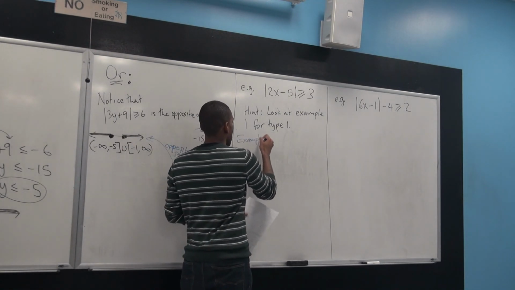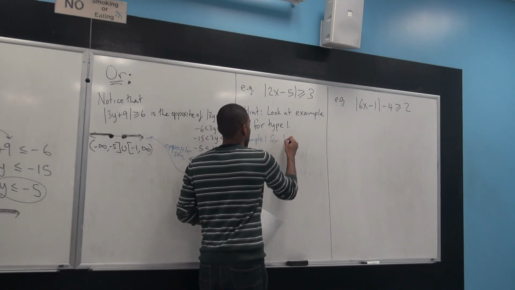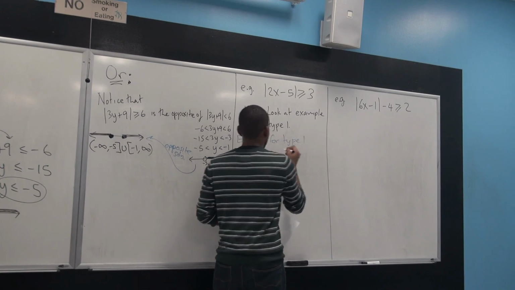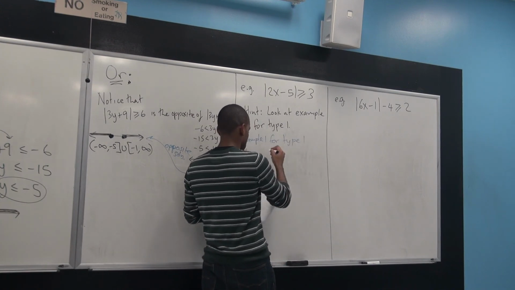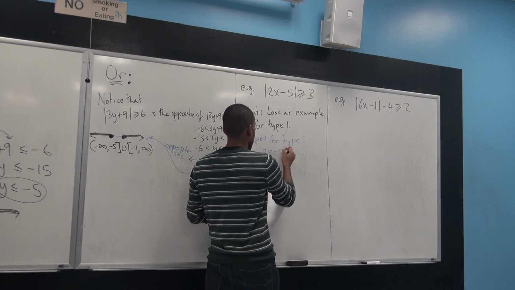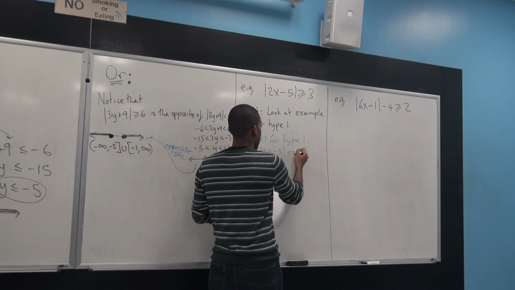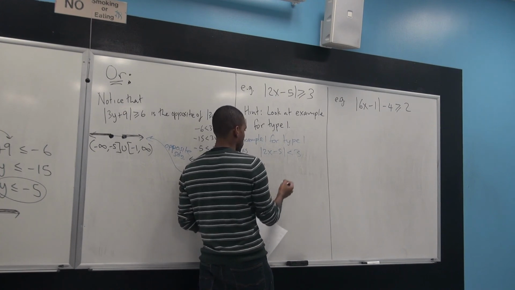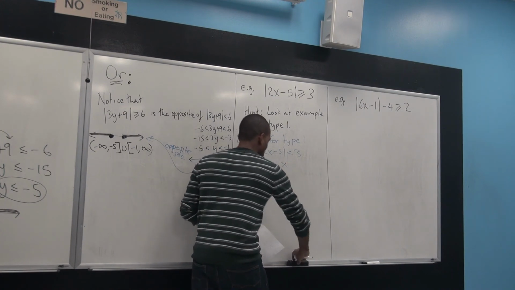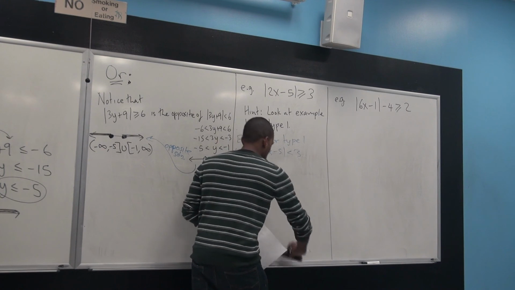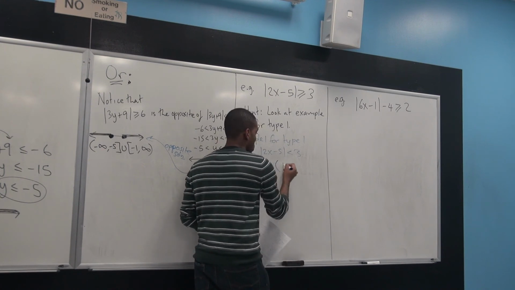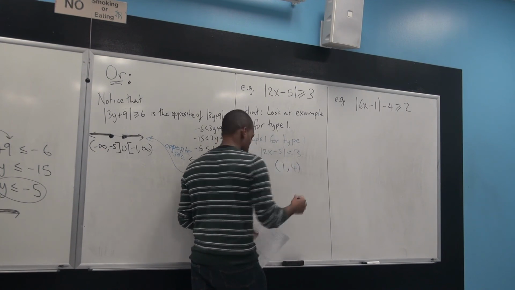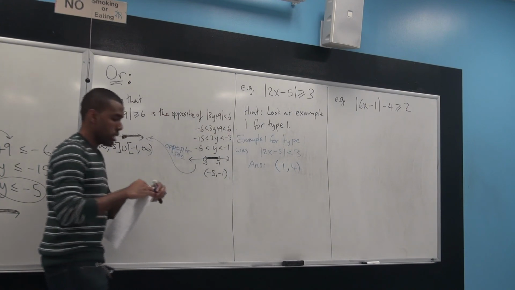Example 1 for type 1 was, I gave you 2x minus 5 less than 3, and what did we get for the answer? Open bracket 1, 4, open bracket. Okay. So that was the answer for example 1.